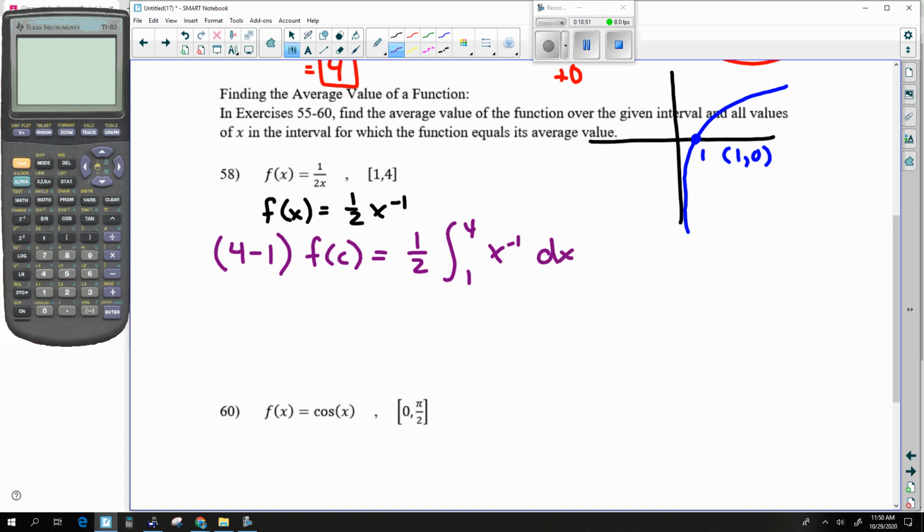Okay, so spidey senses tingle. This is going to be the ln of x, 1 to 4, 1/2, and this is 3 f of c.